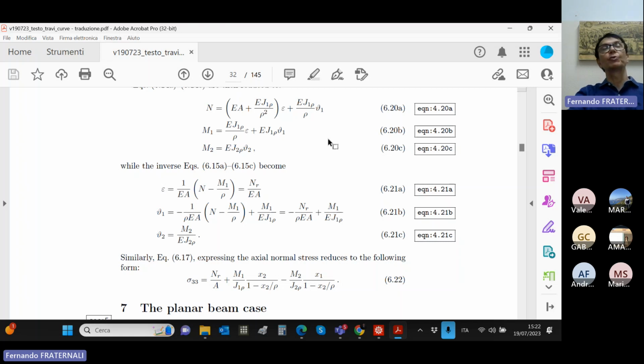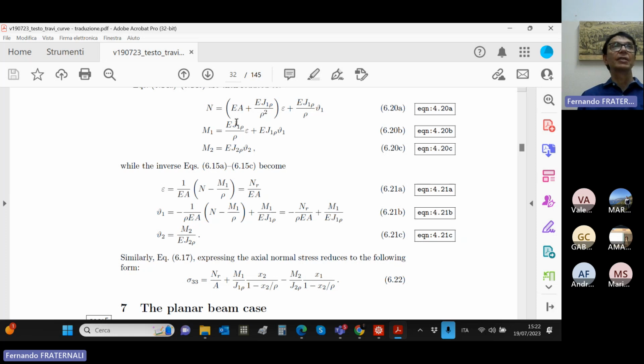Now what we do is just restrict our attention to the planar case. In the planar case, there are only N and M1, as generalized stress resultants and moments, and as generalized strains we have only epsilon and theta, which will be equal to theta 1.